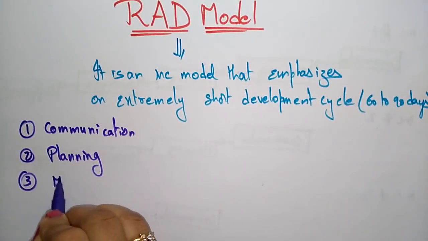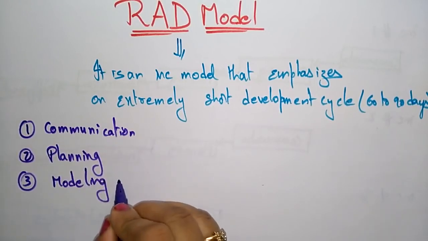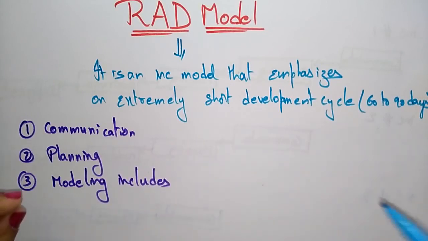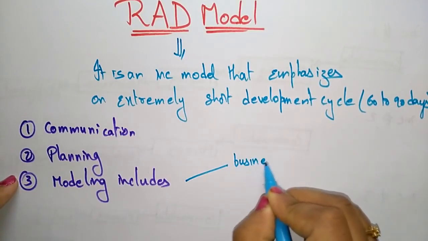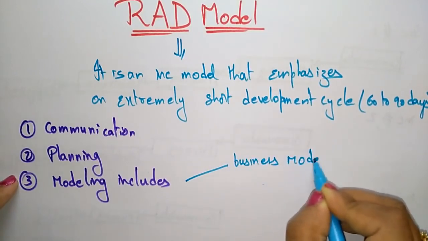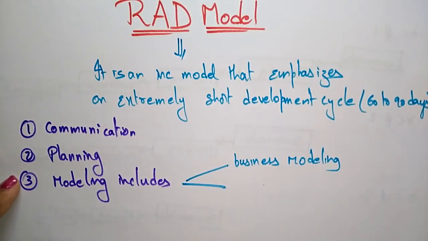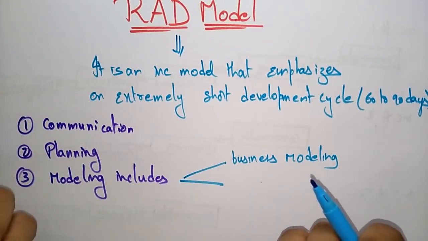After planning, the developer models the project. In the RAD model, the modeling includes business modeling, based on the usage of the customer and the person who is developing the process.